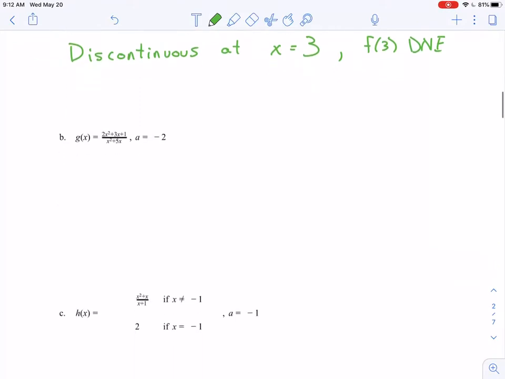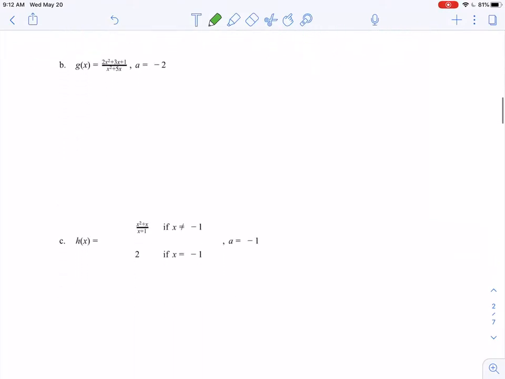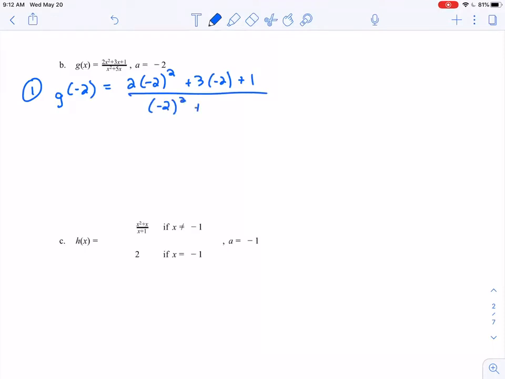Part B, we have something that's a little bit more complicated. This time we've got a rational function, and what I would suggest doing here is just, again, work your way through that checklist. Let's take this and plug this in. So I'm going to start by looking at, well, what is g of negative 2 here? So g of negative 2, this is 2 times negative 2 squared plus 3 times negative 2 plus 1 divided by negative 2 squared plus 5 times negative 2.